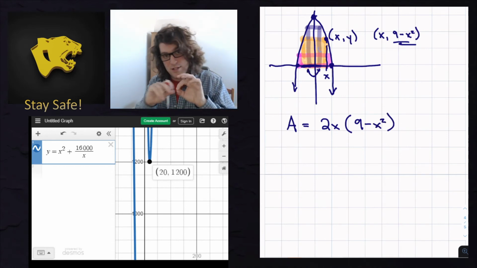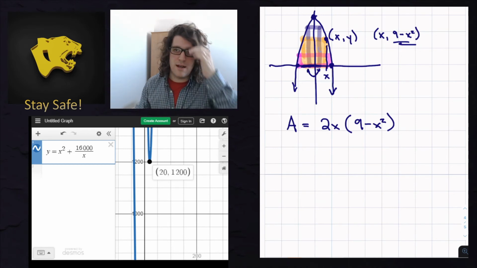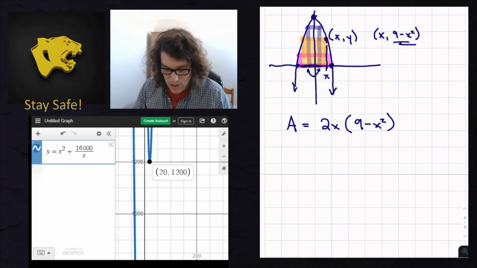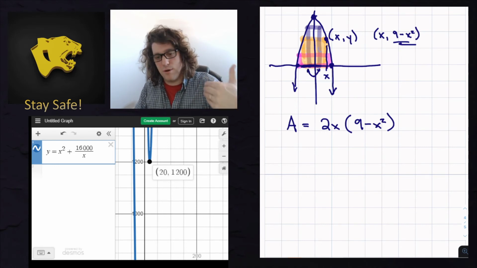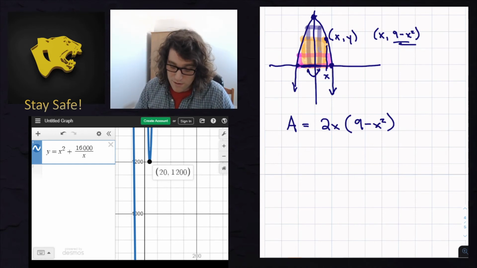So if it's 2x all the way across the bottom, that means the x value is how far you are from the origin to the right. And then you can use that as the x value for your point that sits up in the top corner. And so you would get that the y value there has to be 9 minus x squared.